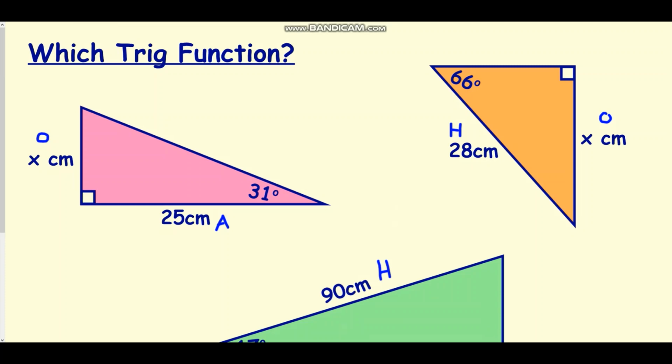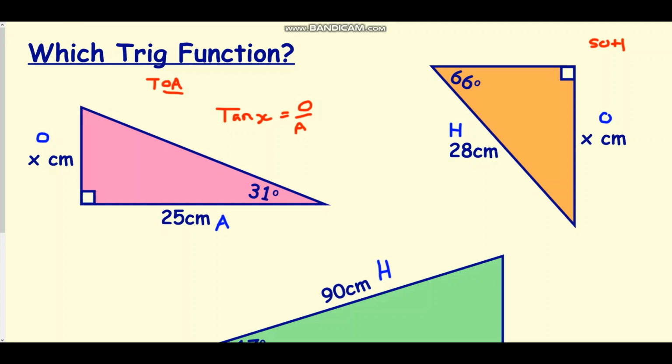From there, what we should be able to do is decide on which trig function is going to help us to solve this question. So if you've got the opposite and the adjacent, the TOA part of SOHCAHTOA is the one that matches the opposite and the adjacent. So we should be using tan x equals opposite over adjacent for this one. For the orange one, we've got the O and the H. That goes with SOH from SOHCAHTOA.